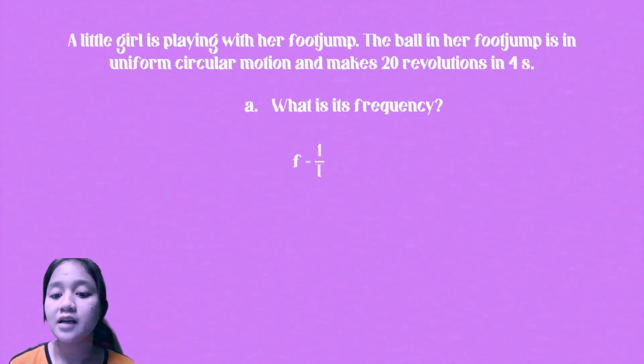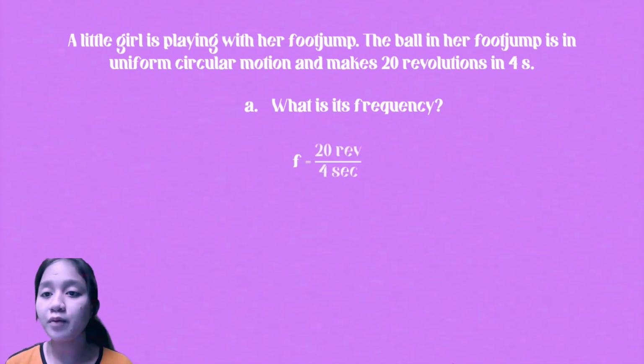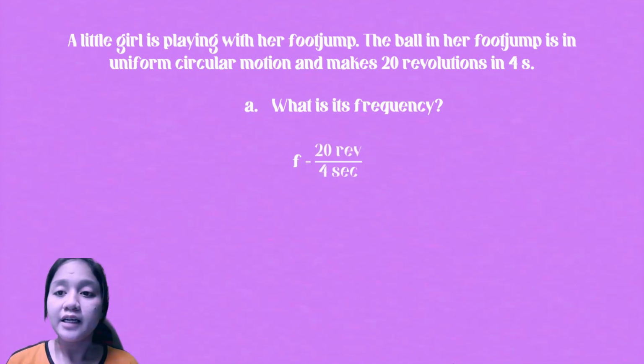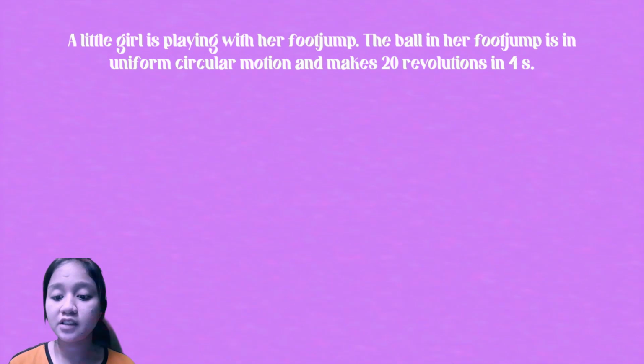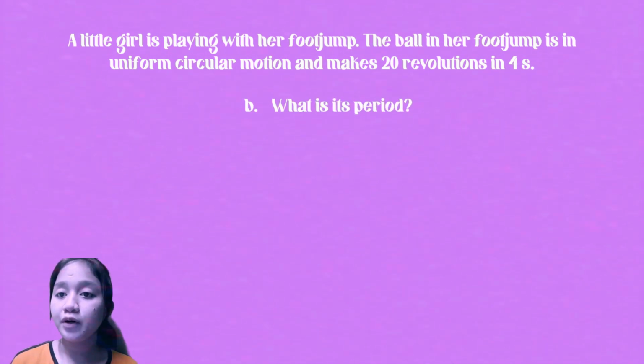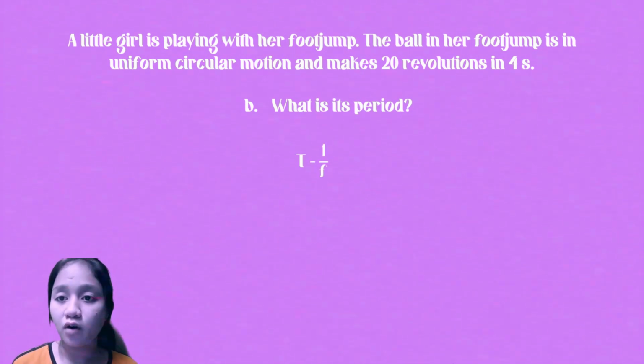So we will get 20 revolutions divided by 4 seconds, and we end up with the answer of 5 revolutions per second. For letter B, what is its period? The period is the reciprocal of the frequency, and it is formulated as T is equal to 1 over f.